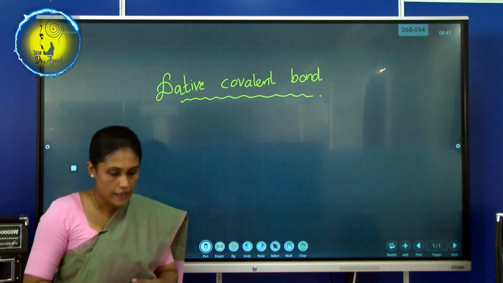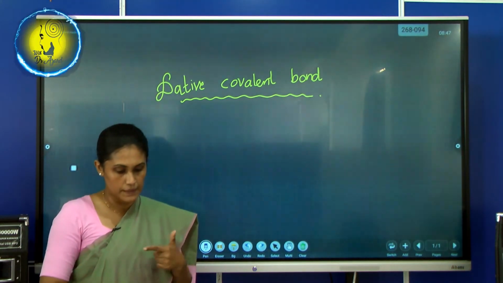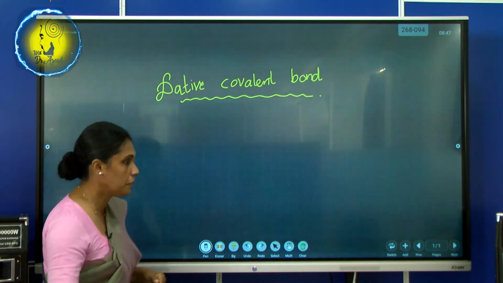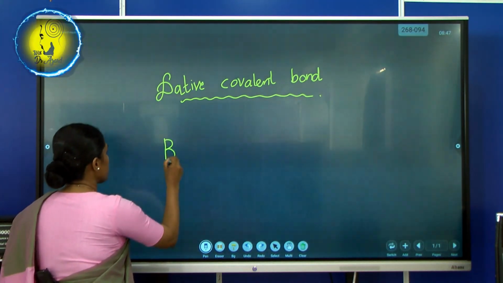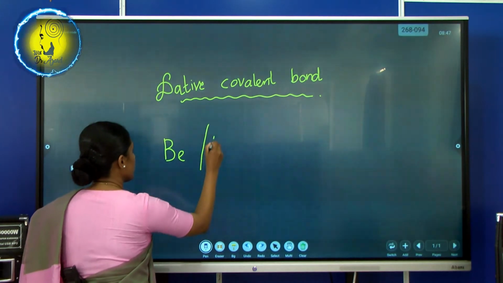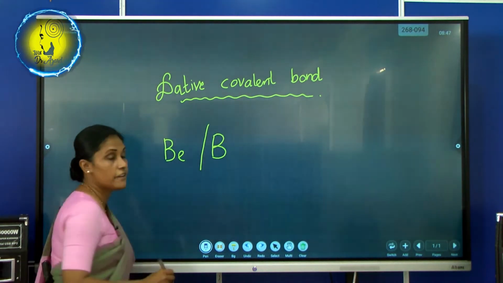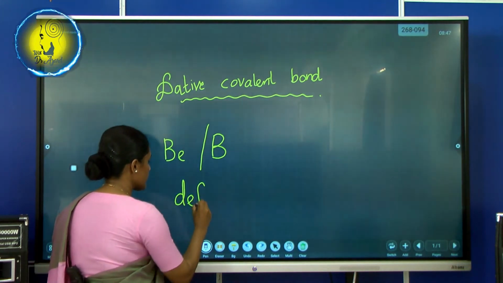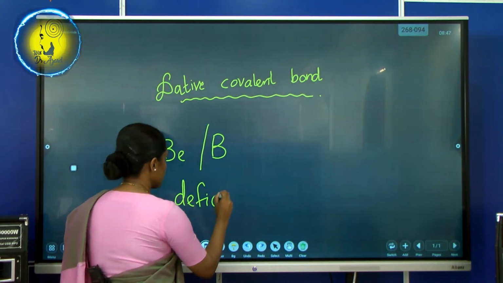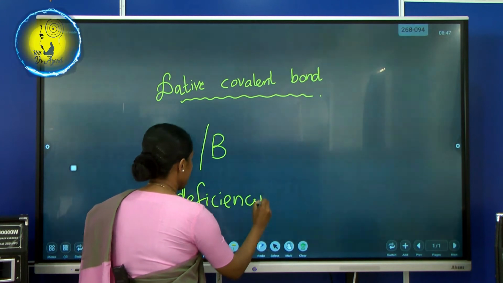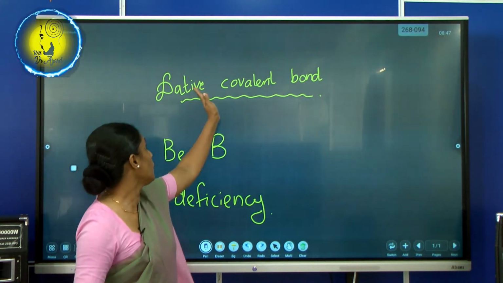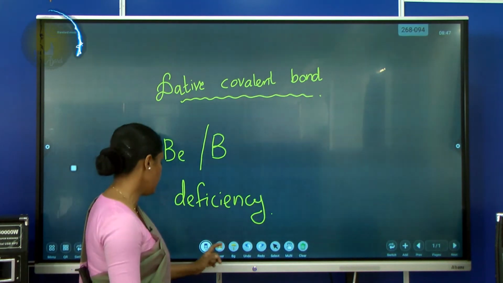I have given you some examples. Actually, we call beryllium and boron, what? They have a deficiency of electrons. You know the meaning of the word deficiency. The deficiency of electrons. So that's why they always use this.